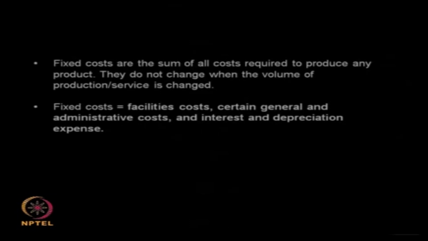That means the facilities, the building, administration, the interest I have to pay on the loan I have taken, the depreciation expenses, all these are going to be fixed. Even if I do not make my product because there is a general strike today, I still need to pay for all these. That is what is called the fixed cost. It is not going to change whether I make more today or less today.